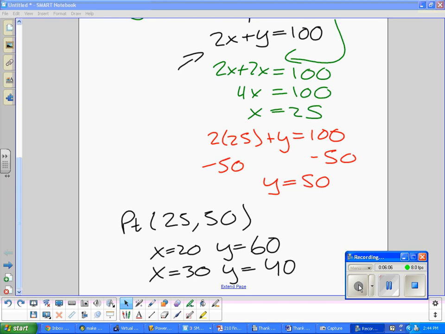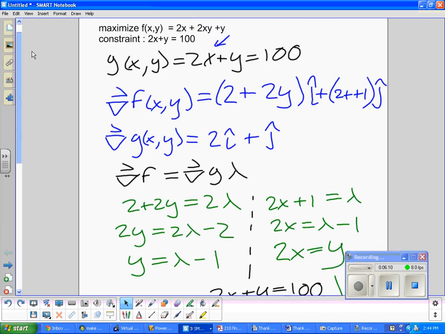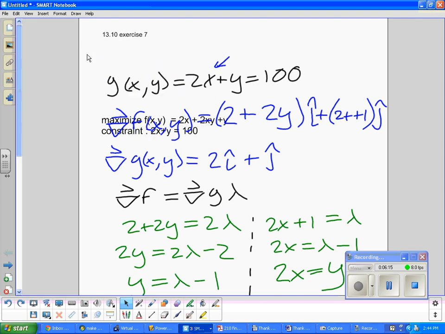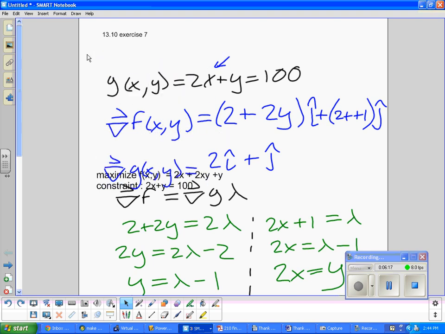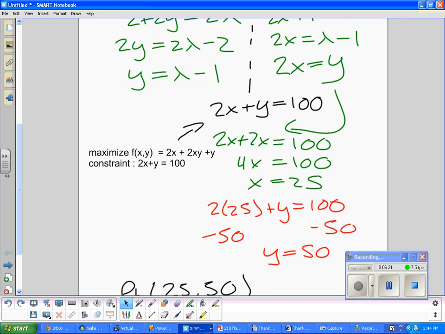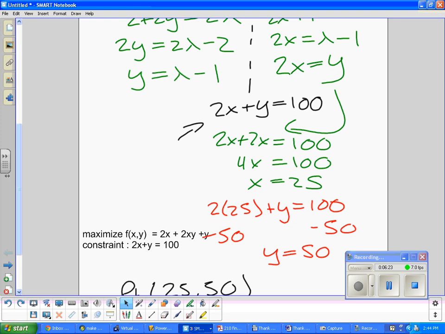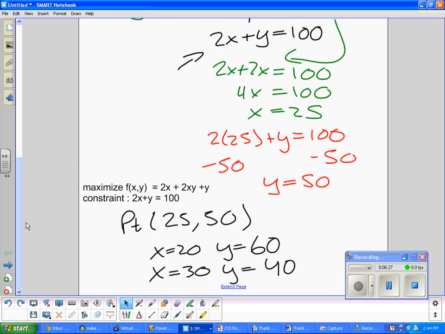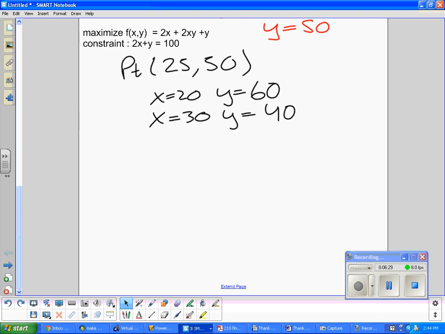Now we plug these all into the function that we're trying to maximize, making sure that this point is indeed a maximum.